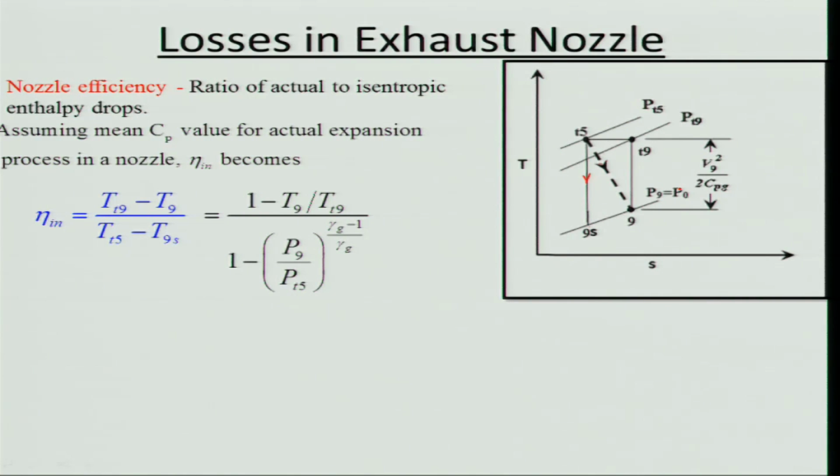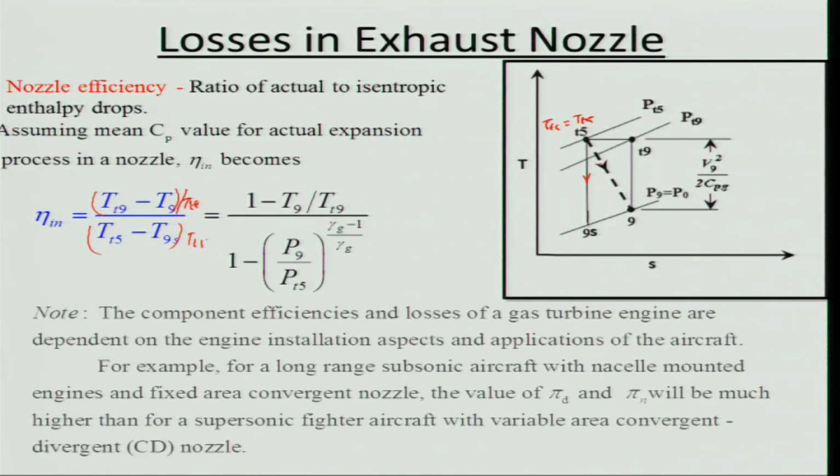Keep in mind that TT5 is equal to TT9, because we are considering adiabatic flow. So, the efficiency is TT9 minus T9 divided by TT5 minus T9s, and if I divide by TT9 and TT5, which are the same, you can get this ratio.